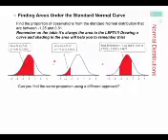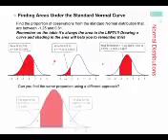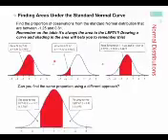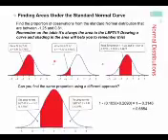Can we find the same proportion using a different approach? Sure. Another way to do this is I have my area shaded from negative 1.25 to 0.81.